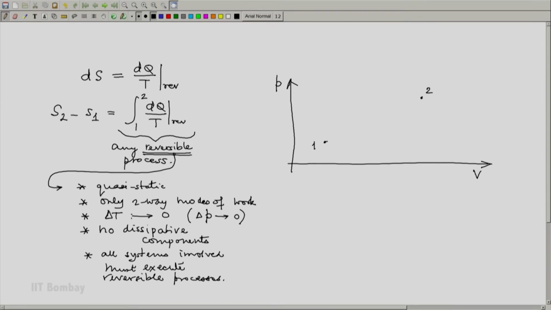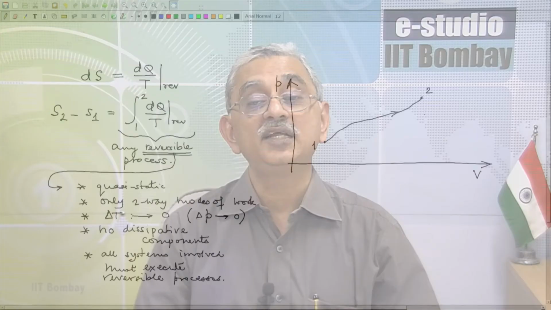One possibility is you take a process which is like this. Now although this is a possible process, perhaps reversible, if it is reversible, it is a candidate process for evaluation of entropy, but the variation of P and V is not uniform. So the integration may not be easy or straightforward. But nothing prevents us from deciding on a process or a set of processes starting from 1 ending at 2 which are convenient to work with.